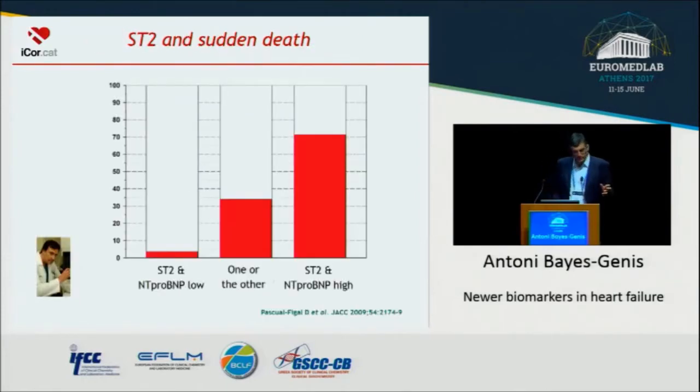ST2 is a marker of fibrosis. Fibrosis is sudden death. Let's look at this study that we performed some years ago. When we combine ST2 and NT-proBNP, if the 2 are low, the risk of sudden death is 3% per year. If the 2 are high, the risk of sudden death is 71% per year.